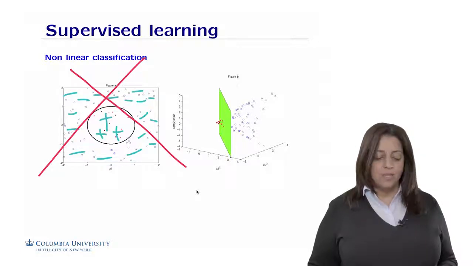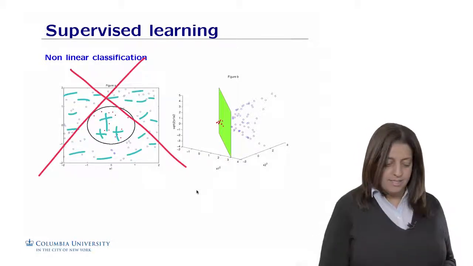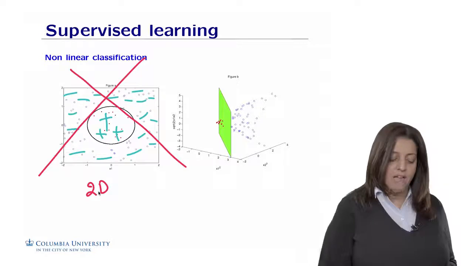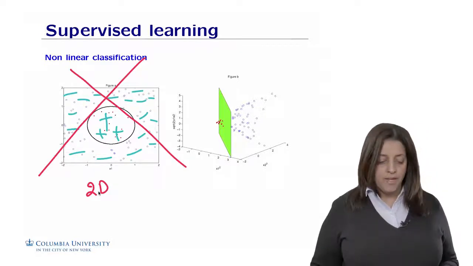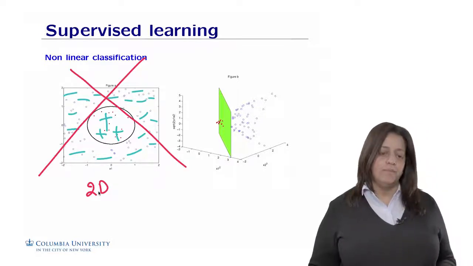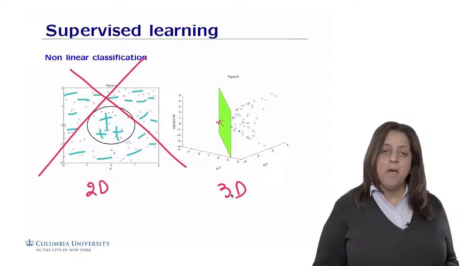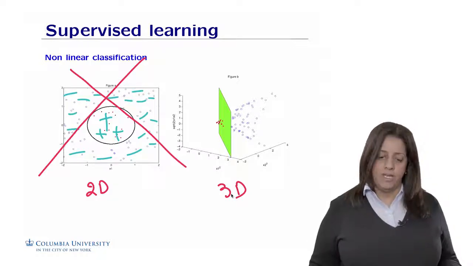So the idea here is that, as you can see, this data is in a two-dimensional space. We have x1 and x2 as features. It's possible through machine learning methodologies to put this data in another space, which is in this case three-dimensional, by transforming the features x1 and x2.